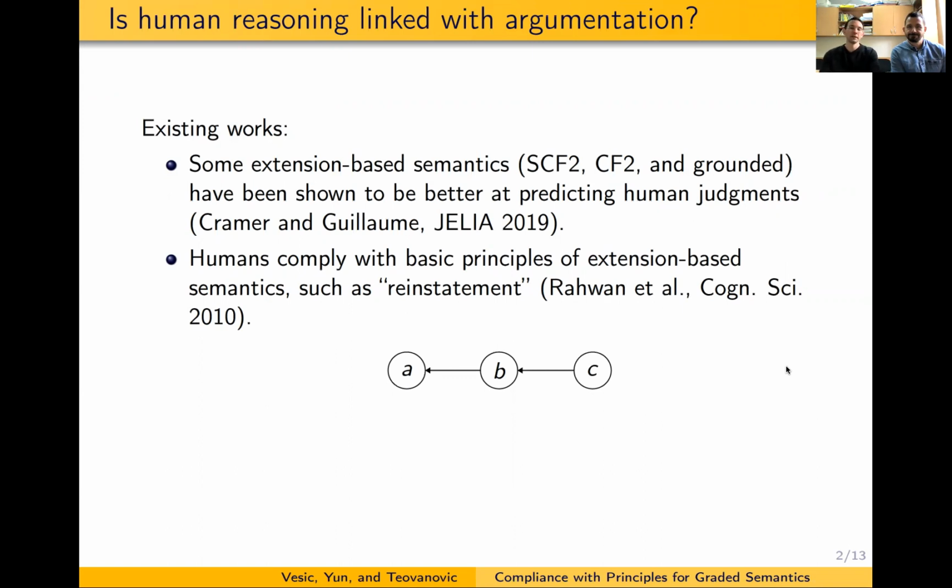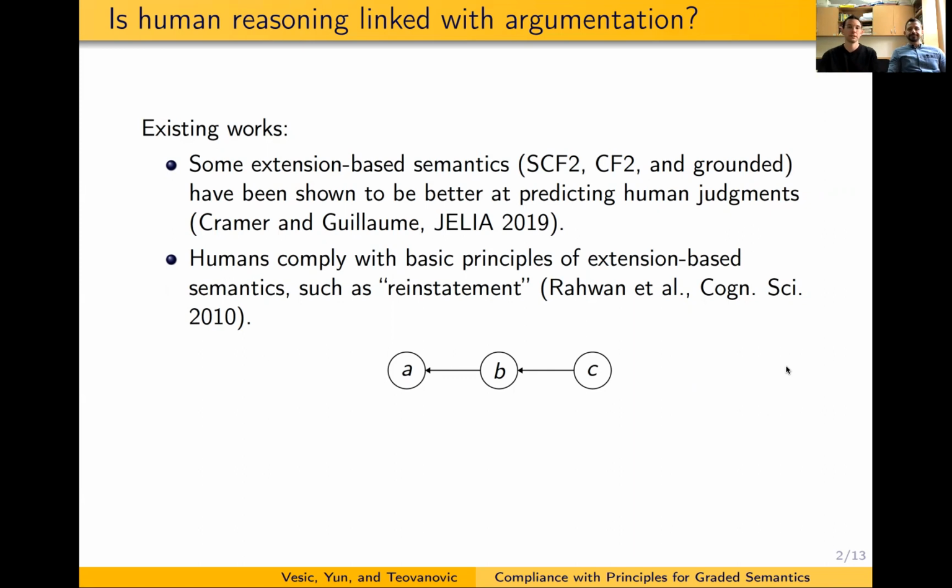If subjects see argument A deemed as strong, once it's attacked by B, A is going to be much weaker in the eyes of the participants. Then when C is added, C defends A, and this is what is called reinstatement, because A becomes reinstated and becomes strong again.